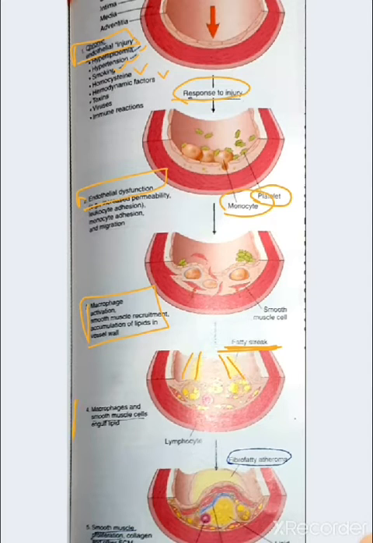And the fifth step is smooth muscle proliferation, collagen and other matrix deposition, and extracellular lipid. So this is the fibrofatty atheroma formed. Lipid debris, collagen, and lymphocytes are also present. This one I'm marking with yellow. This is the fibrofatty atheroma.